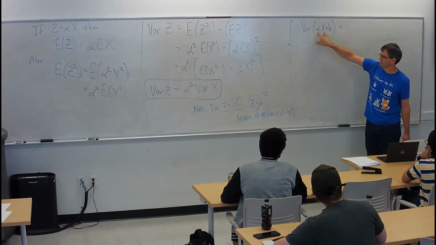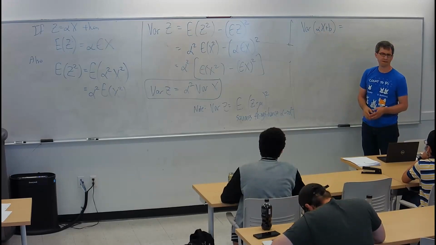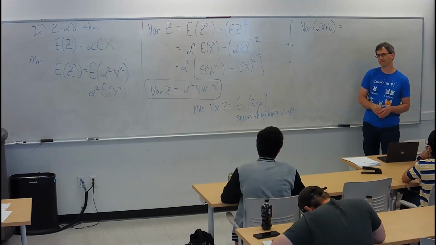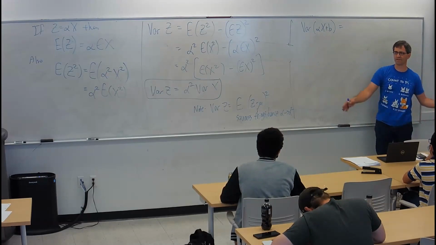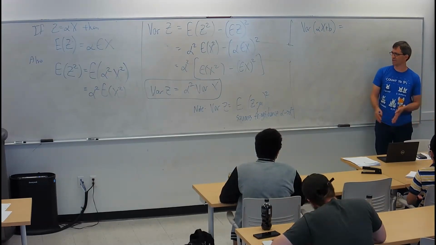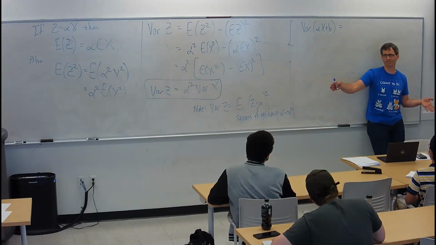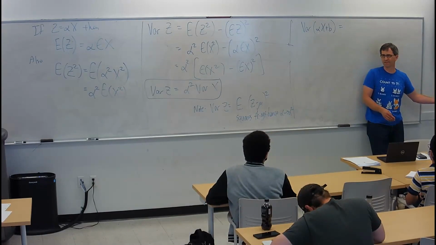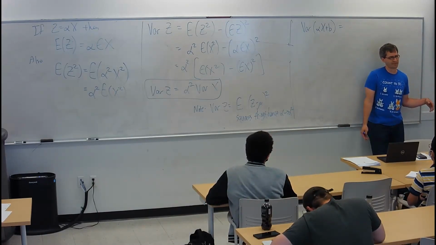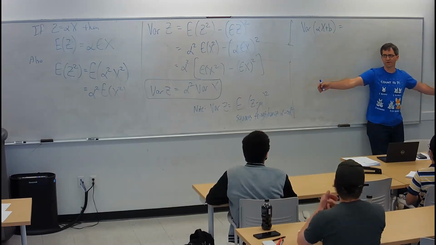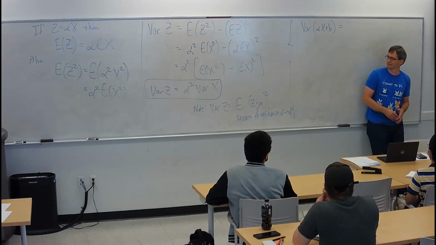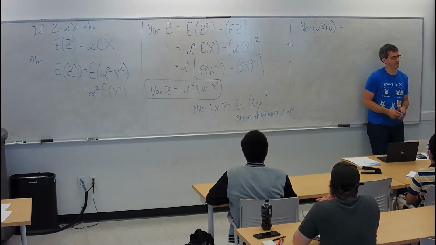When I double everyone's score, then it affects how much your scores vary from the mean. Right? Variance measures how far things vary from the mean. When I double your scores, everyone's happy, but actually the people with the low score get less extra than the people with the high score. If I double 0, you still have 0. If I double 100, you get 200. So the range went from 0 to 100 to 0 to 200. And this is why the variance went up if I doubled everyone's score.